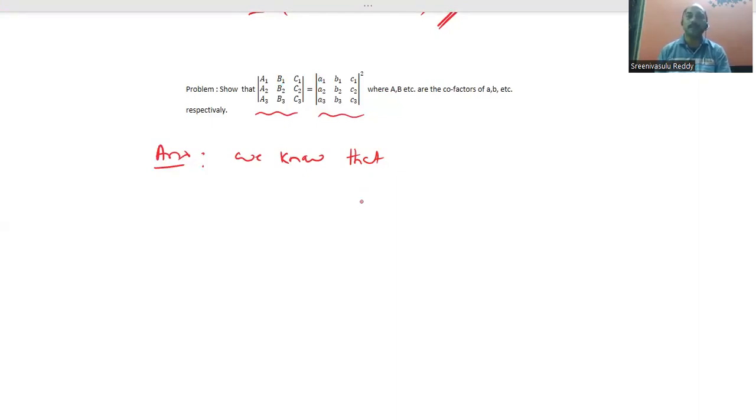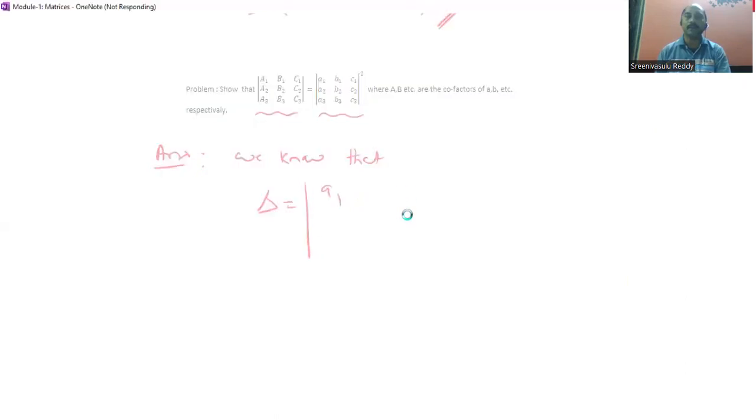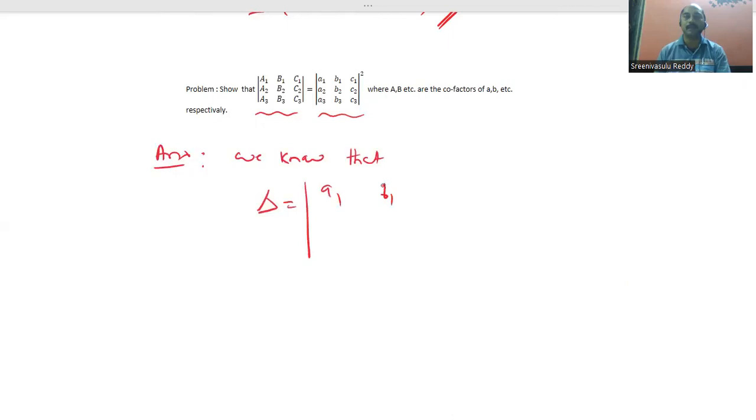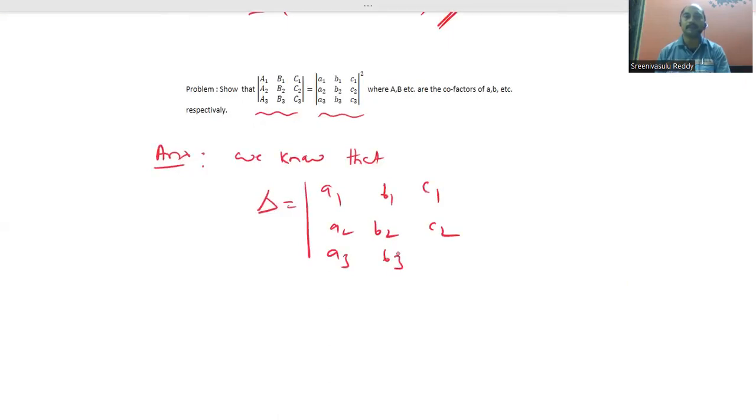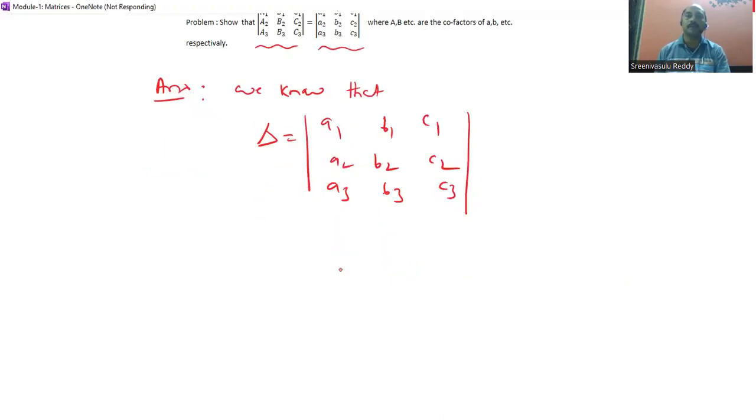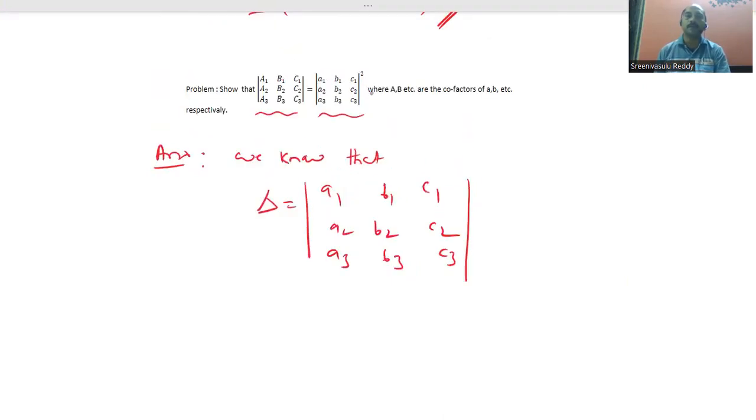Usually det of the matrix, or det of the arrangement, is denoted by A1, B1, C1, A2, B2, C2, A3, B3, C3, usually denoted by det. Now we want to show that this value equals this square.